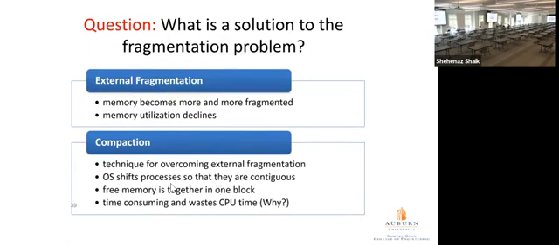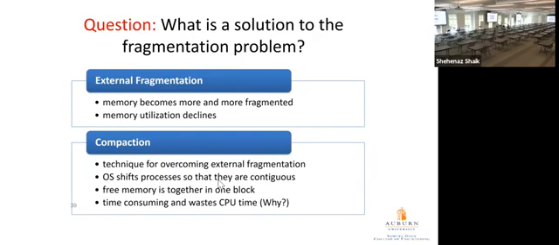It simply moves the processes to one side of the memory so that all these different processes are placed in adjacent or contiguous blocks. And thereby we can have the entire free memory available as part of one single hole, and that can be utilized to serve any future requests.